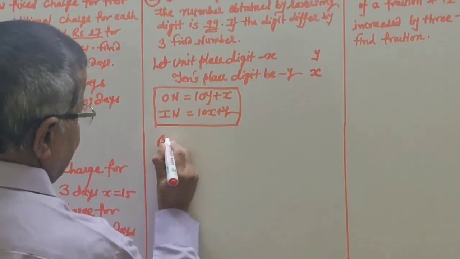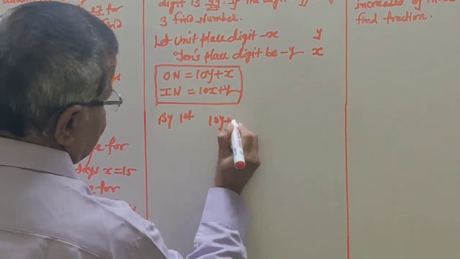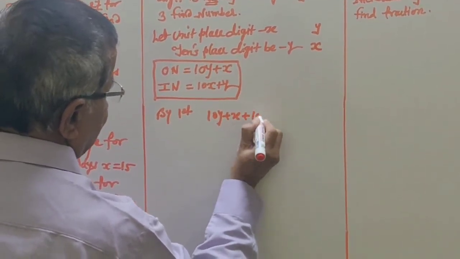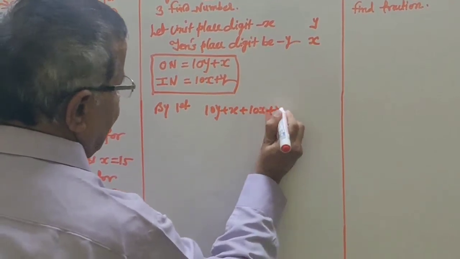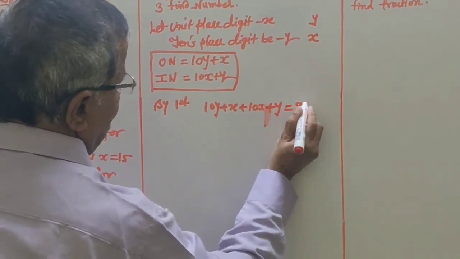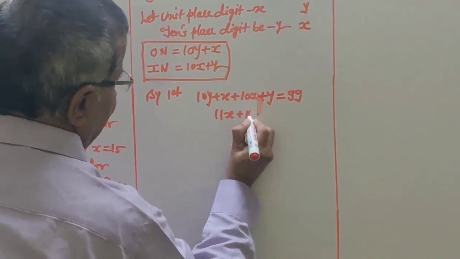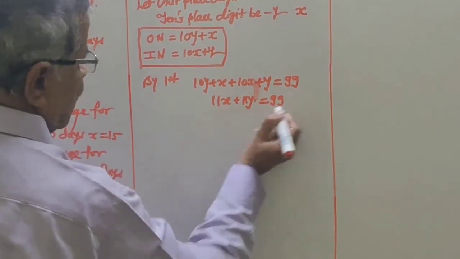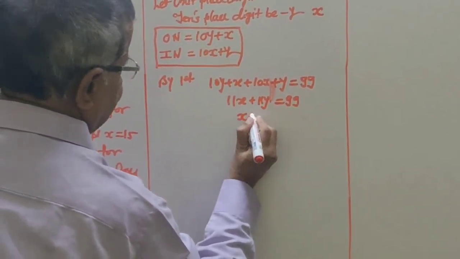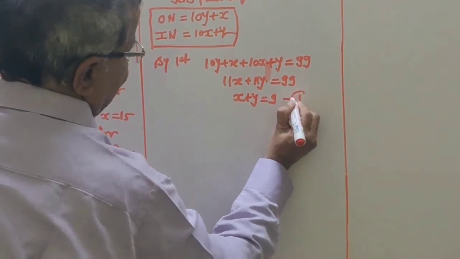We get 10Y plus X plus 10X plus Y is equal to 99. What will come here? 11X plus 11Y is equal to 99. I can divide the whole equation by 11, so I will get the simple equation X plus Y is equal to 9. This is my first equation.